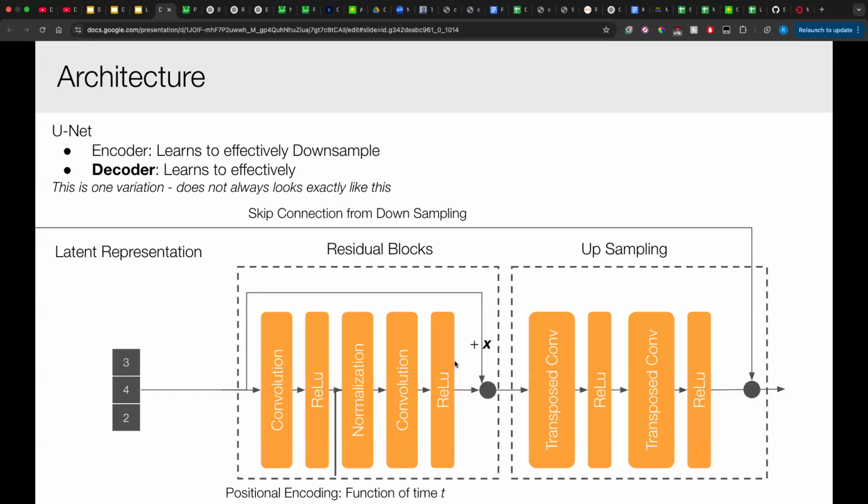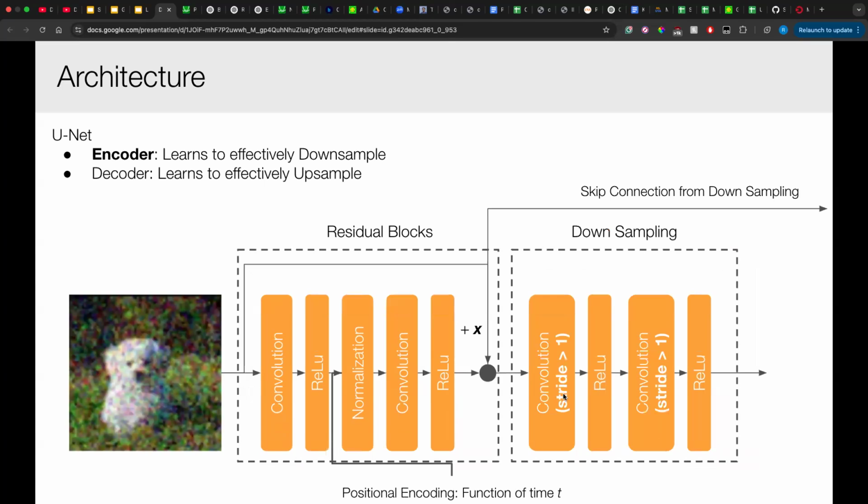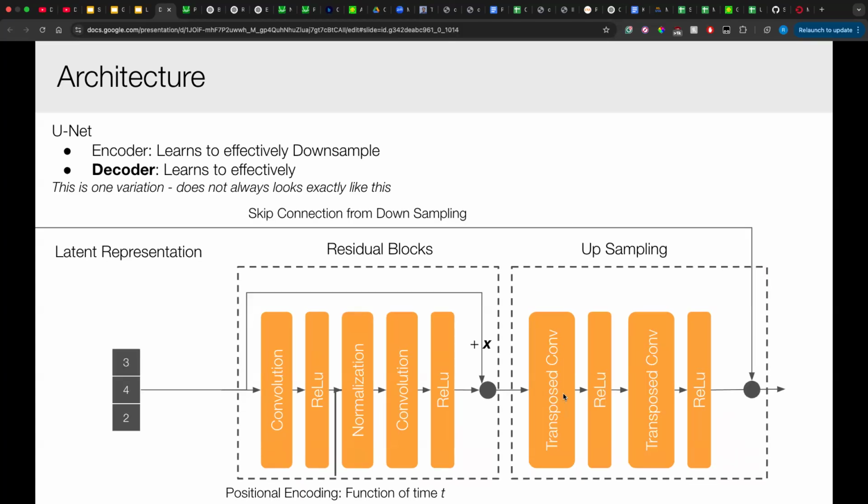So the decoder also has residual blocks. Again, remember these retain the size of the image, but they're followed by upsampling steps. To upsample, we have transposed convolutions. I've gone over this a few times now, but transposed convolutions are kind of the inverse of CNNs. Not exactly, but you can think of them as that, where the larger your stride is, the larger your output is. Okay.